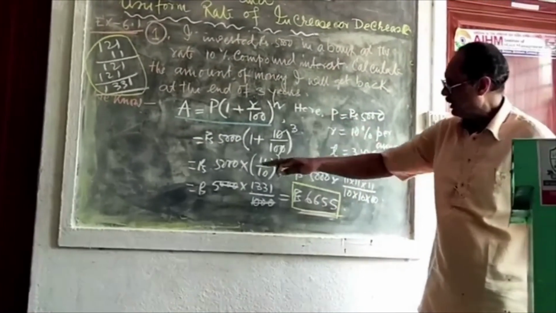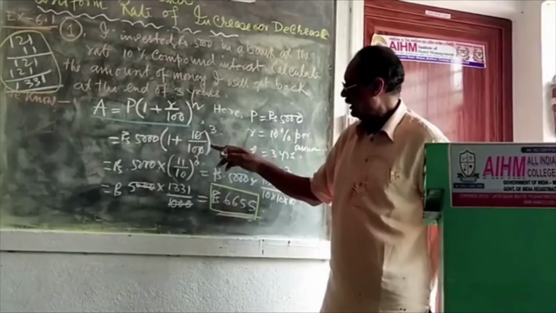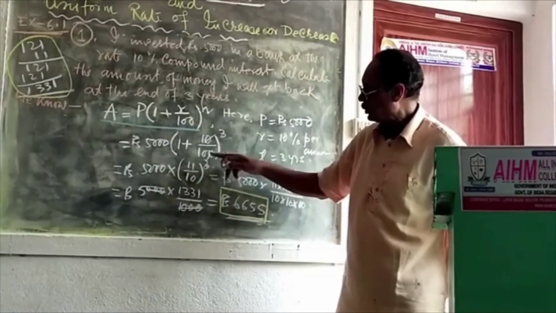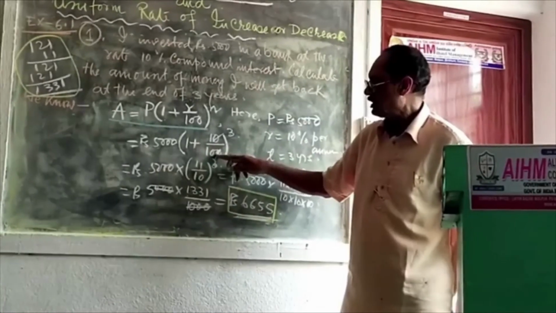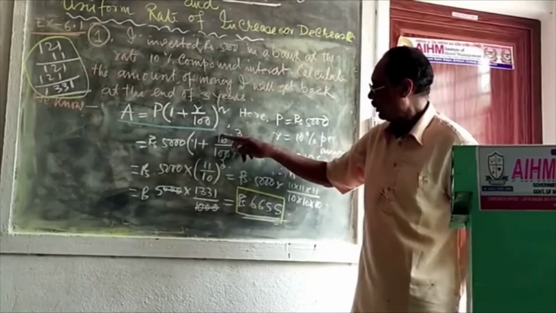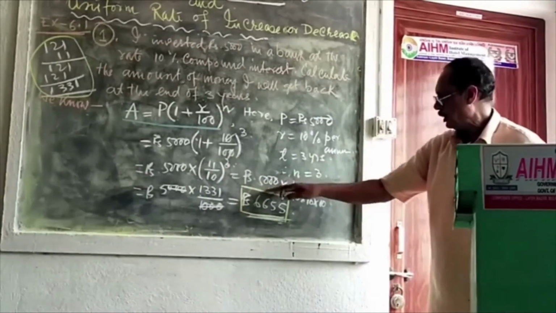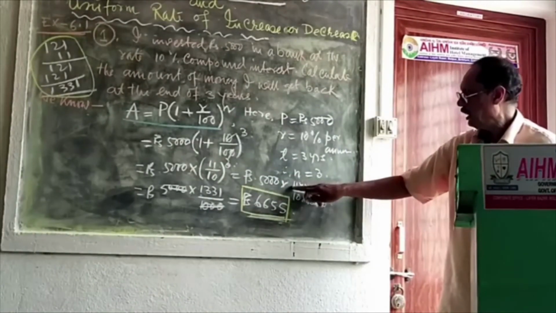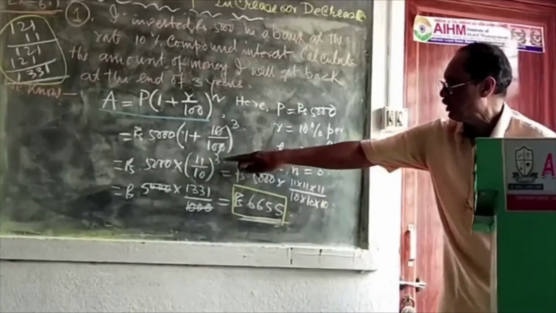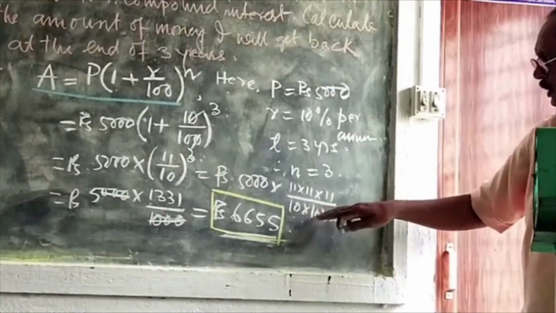Calculating then, 10 and 10 cancel. Taking the LCM, 10 plus 1, that is 11 by 10 whole cube. So rupees 5,000 into 11 into 11 into 11, as it is cube, divided by 10 into 10 into 10.